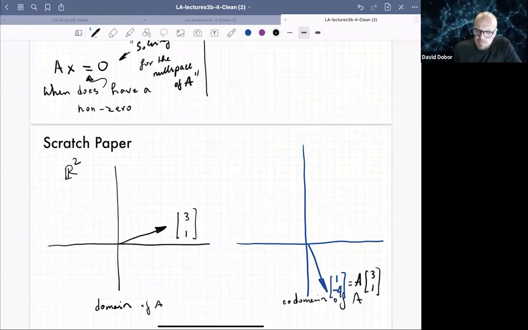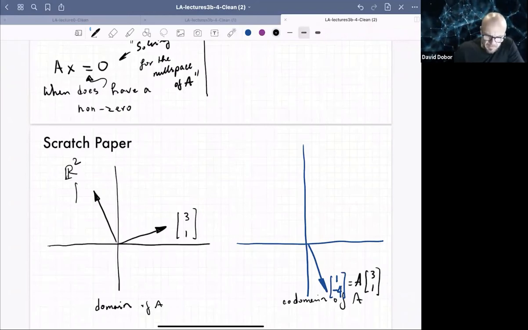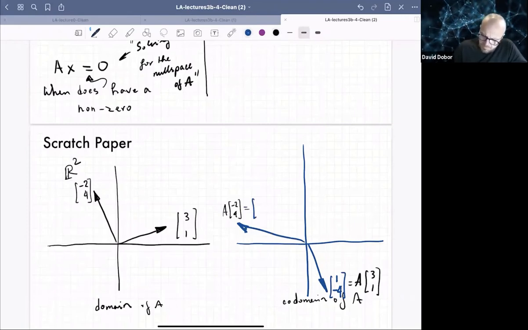Maybe here's another vector, like minus 2, 4 about, and out comes something like this. When A is applied to minus 2, 4, out comes this blue vector that looks like minus 5, 2 or so, whatever.